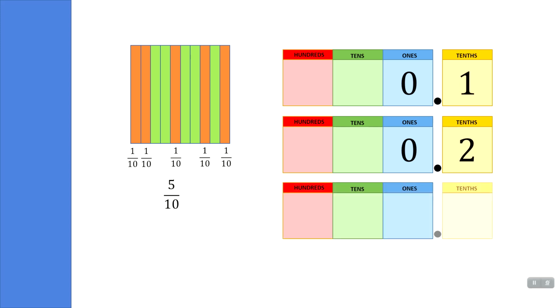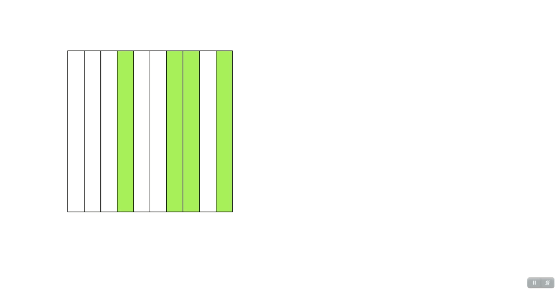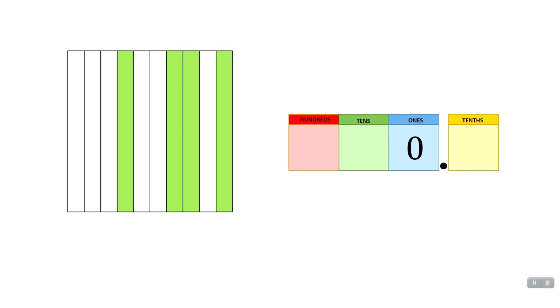And in the place value chart, we would write 5 in the tenths column to give us 0.5. Again, here's one whole, and if we divided that up into 10 equal parts, we would have tenths. The green shaded strips, if we counted them, each one being a tenth, we can see that we have 4 tenths, which is 0.4. 4 tenths.